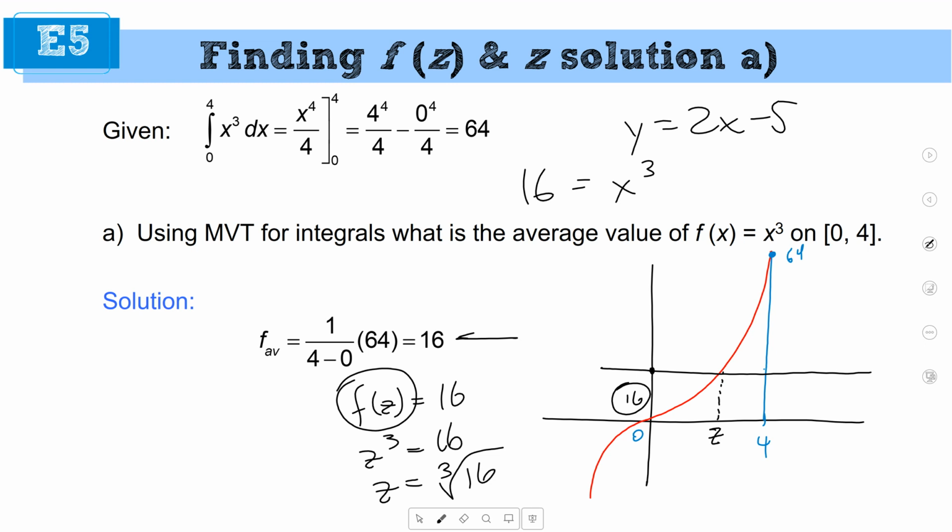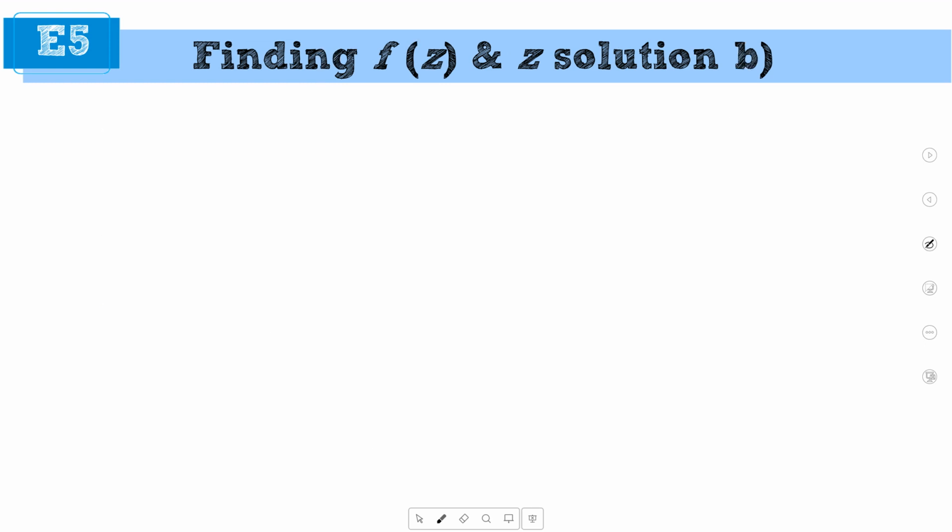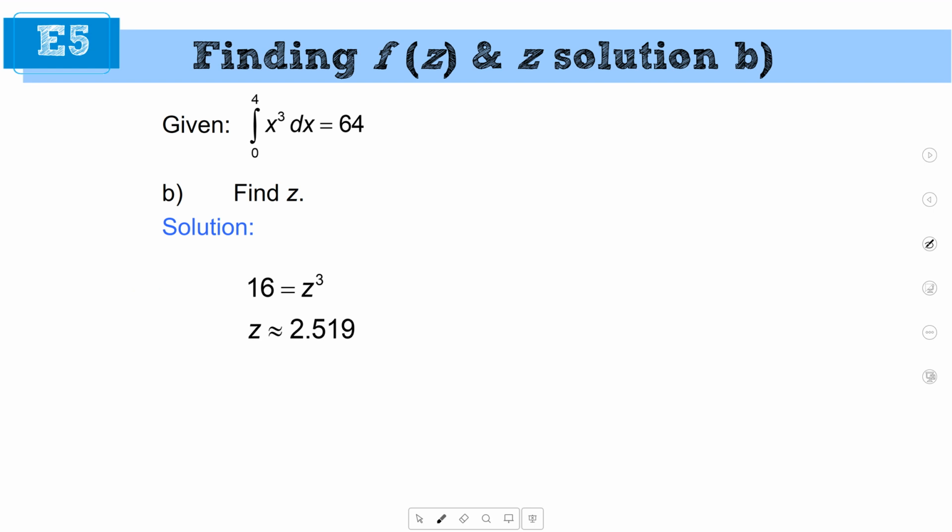Question? Wait, so where are you plugging in z? Into the original function. You still look confused. No, keep going. Sometimes, like I said, question in the back.